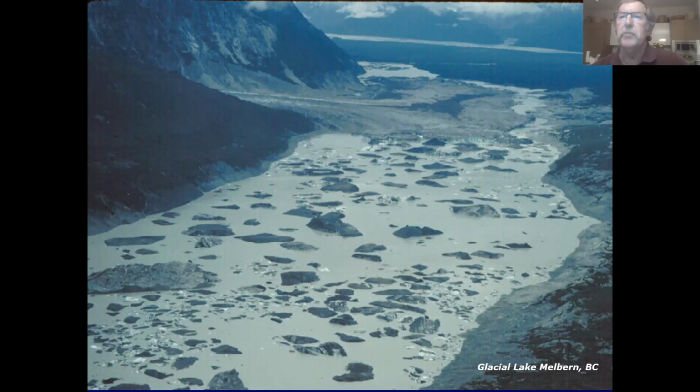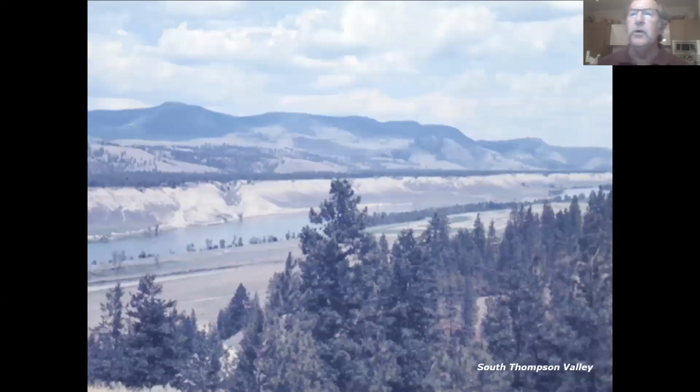This is Glacial Lake Melbourne. And I kind of think that this represents a fairly good analog of what our interior BC valleys, our intermontane valleys, could have looked like during this short period when the Cordilleran Ice Sheet was dying, was basically on its last legs. And we know this happened.